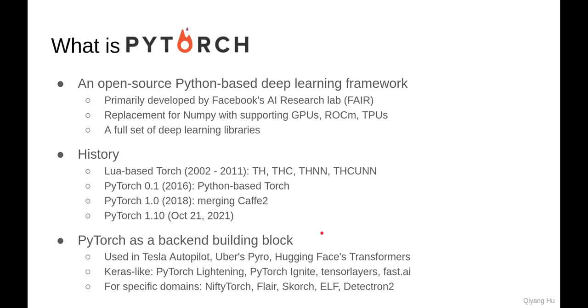Skorch, which we mentioned in our previous talk, is a high-level PyTorch wrapper providing the full scikit-learn capability. ELF is a platform for game research that allows developers to train and test their algorithms in various game environments. And Detectron2 is Facebook AI Research's next generation platform for object detection and segmentation.